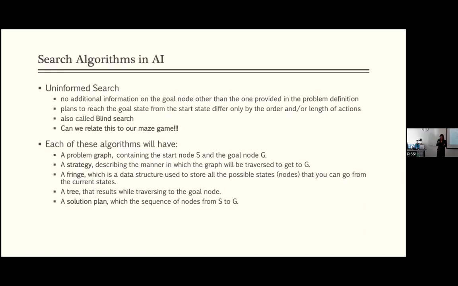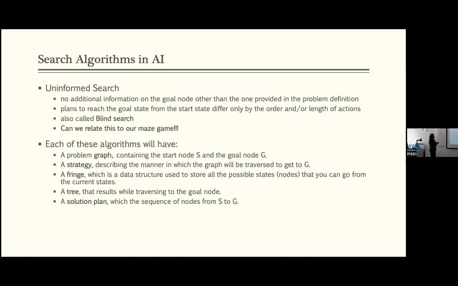But if we could intelligently train the model so that it chose start state 2 the first time, the time complexity reduced, space complexity reduced. So that's why uninformed search very much depends upon the order and length of actions.